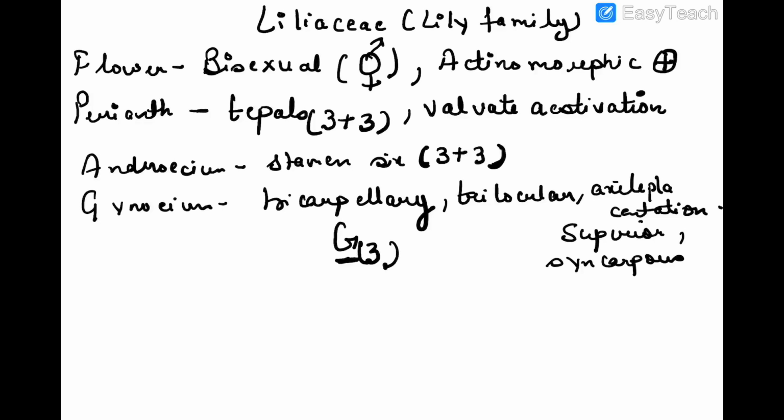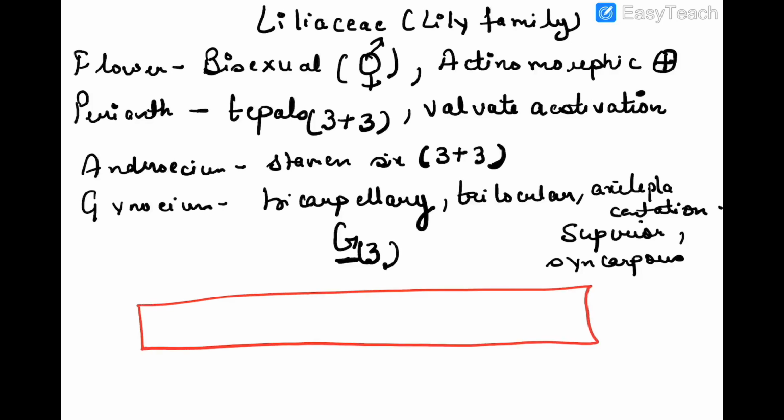So let me now write the floral formula here. Bisexual, actinomorphic, perianth, which is 3 plus 3, androecium, which is 6, arranged in two groups of 3 plus 3, gynoecium, which is tricarpellary, syncarpous and superior ovary, and I will put a U-shaped line here.